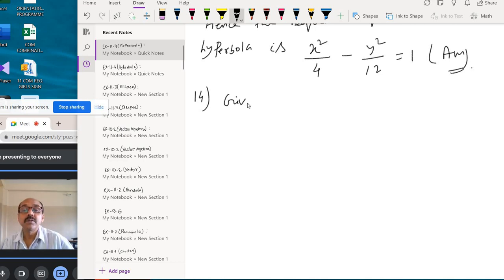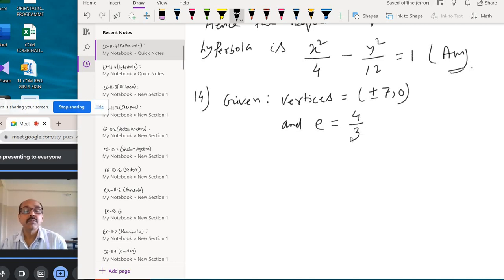Given vertices plus minus 7 comma 0 and eccentricity e equal to 4 by 3. Find the equation of the hyperbola. So the vertices are plus minus 7 comma 0. The equation is along the x-axis, yes.